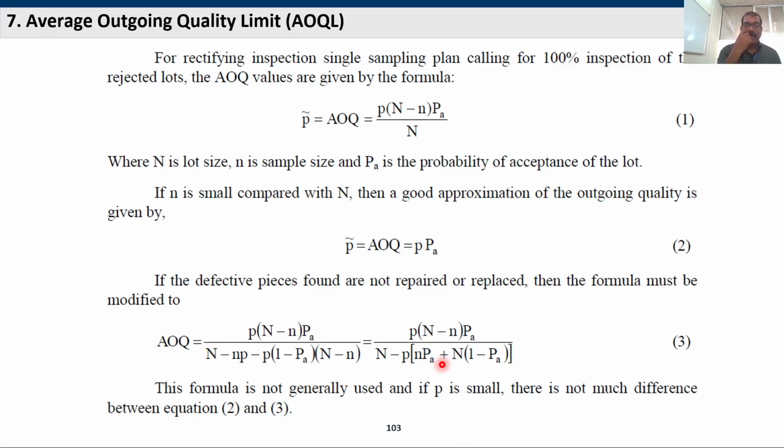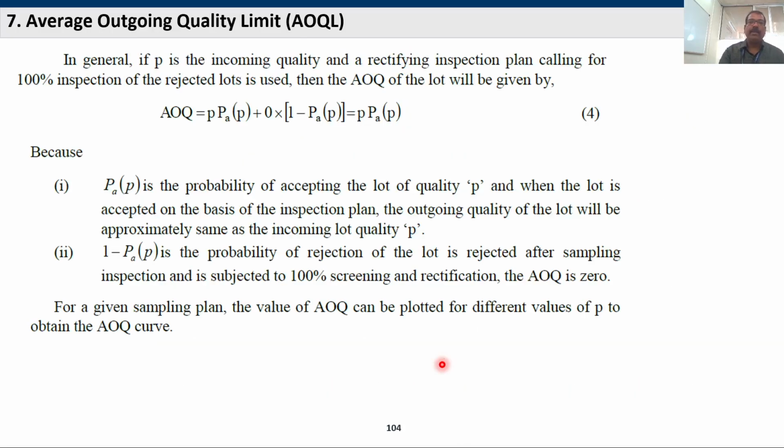But after doing acceptance sampling, here they are doing acceptance sampling and identifying the percentage of defectives, and they are ready to do the rectification inspection plan, replacing and doing 100 percent inspection of the rejected lot. Then the average outgoing quality limit will have the relationship like this: P into PA(P).